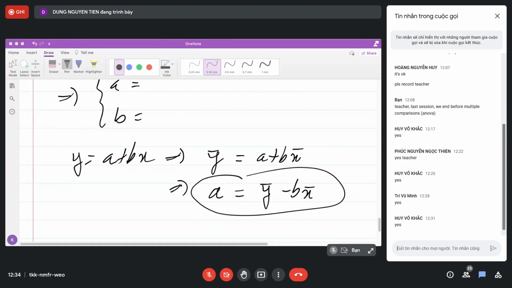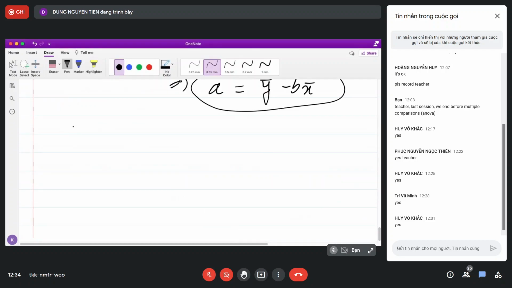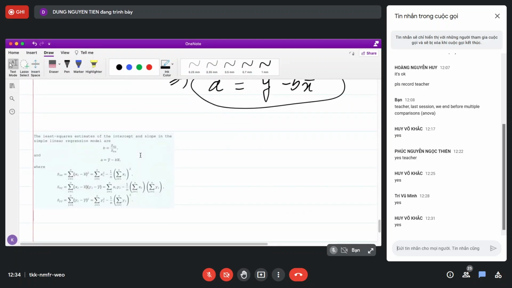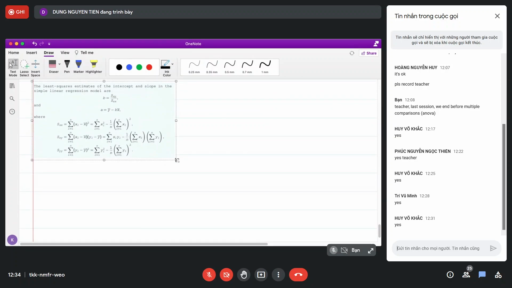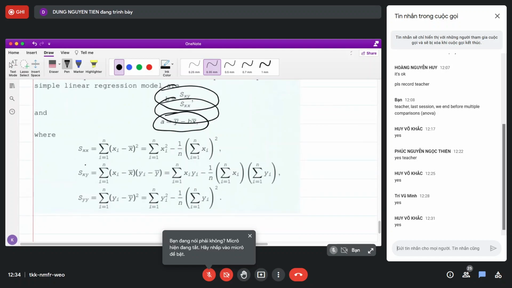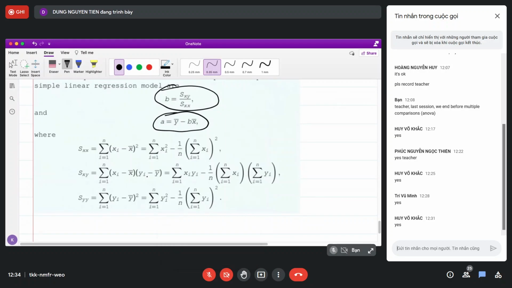Anyway, we can come up with the following result. So this is A, and this is B. What is B? B is Sxy over Sxx, and Sxy is the sum of the deviations of xi, yi around the mean value, the center.